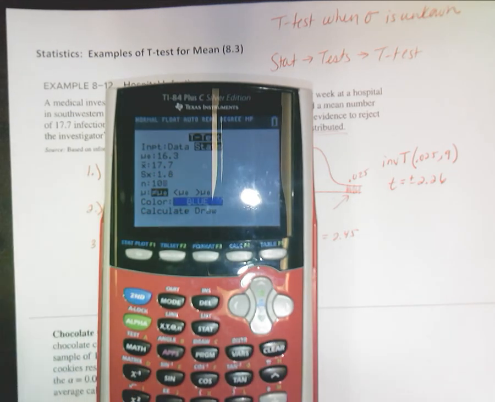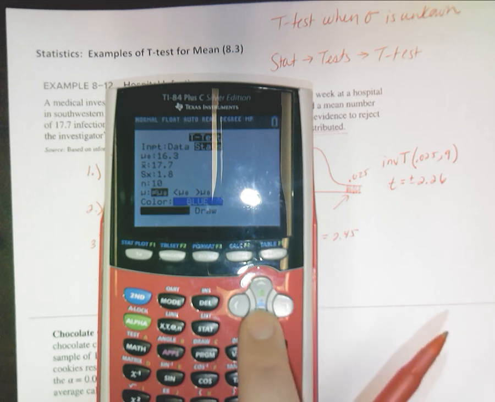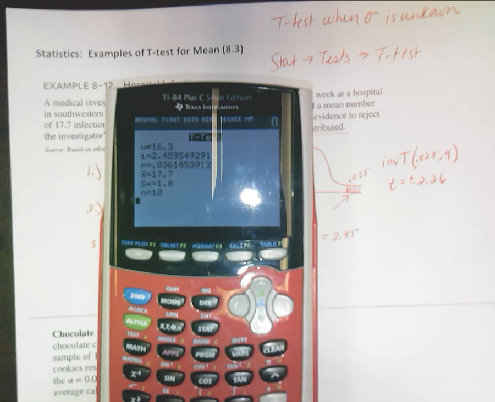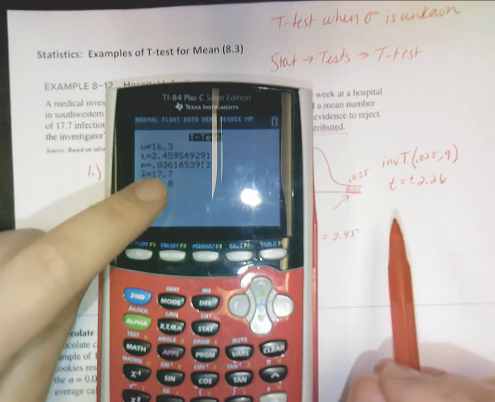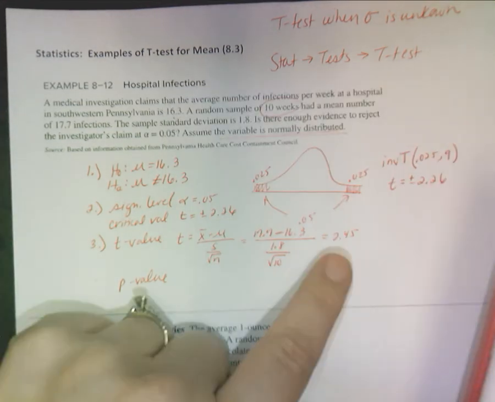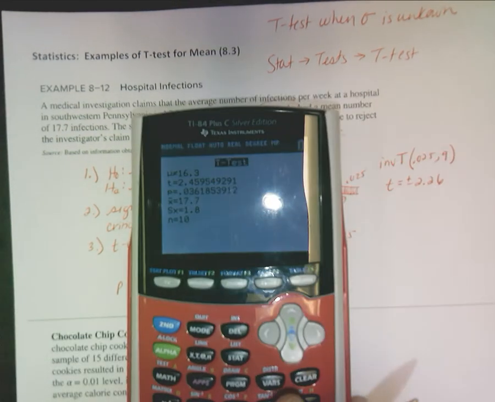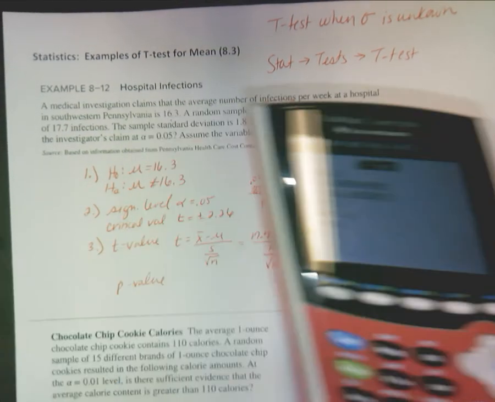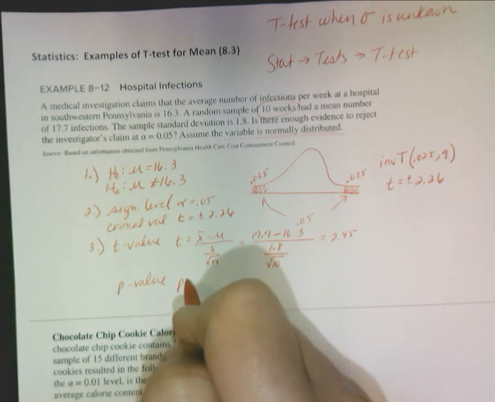We choose the not equal to because it's a two-tailed test. And then calculate. Look at that. Our t is 2.45, which is what we got. And our p is 0.036. That's what we want to write down.